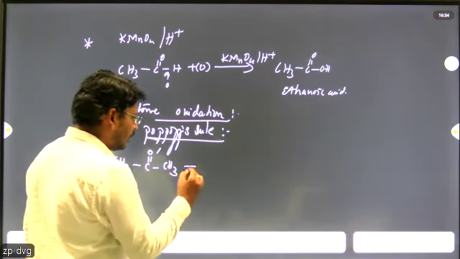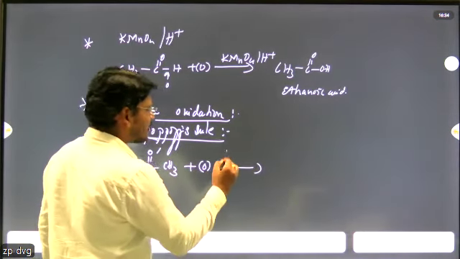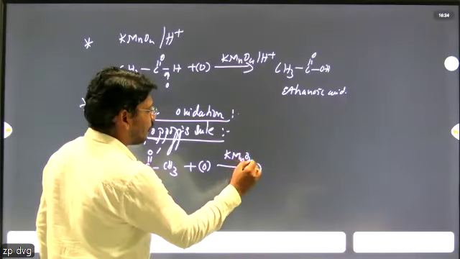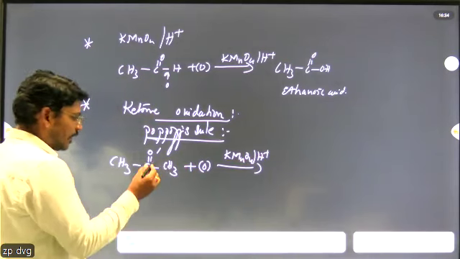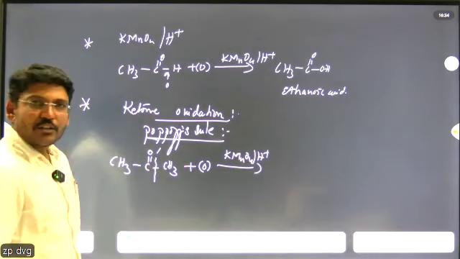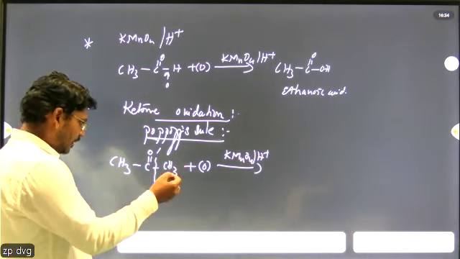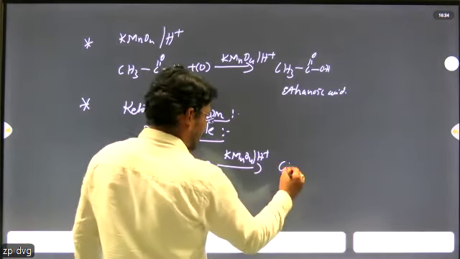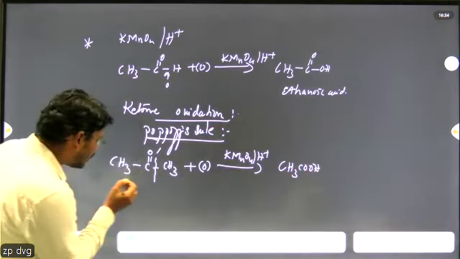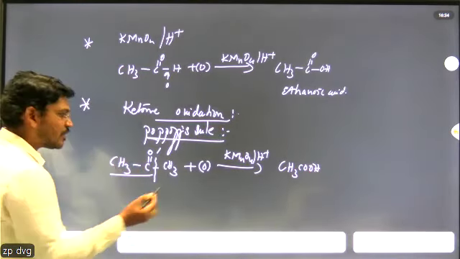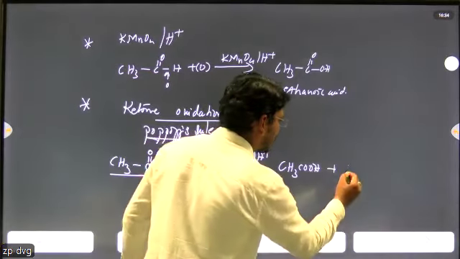When this undergoes oxidation with KMnO4, a strong oxidizing agent in acidic media, a breaking of the bond takes place here. After the bond breaks, we get two products, CH3 COOH, and this one is converted into CH3 COOH, and carbon dioxide as well as water.